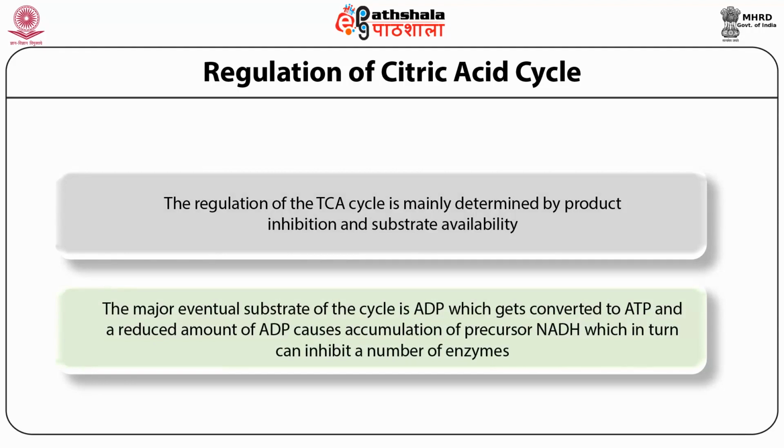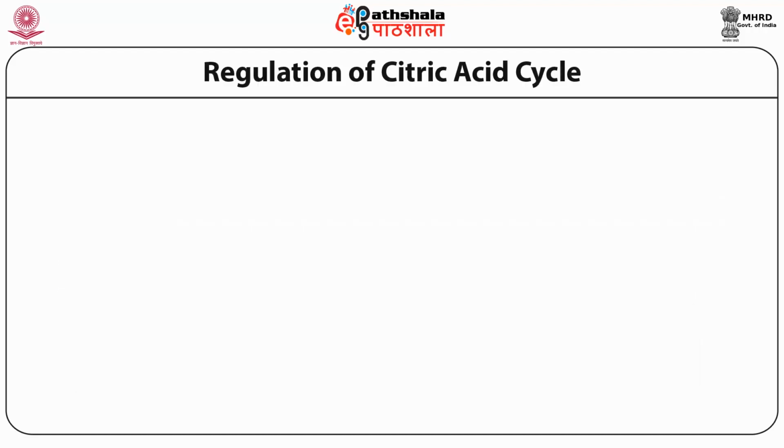The major eventual substrate of the cycle is adenosine diphosphate, which gets converted into adenosine triphosphate, and a reduced amount of adenosine diphosphate causes accumulation of the precursor nicotinamide adenine dinucleotide (NADH), which in turn can inhibit a number of enzymes.